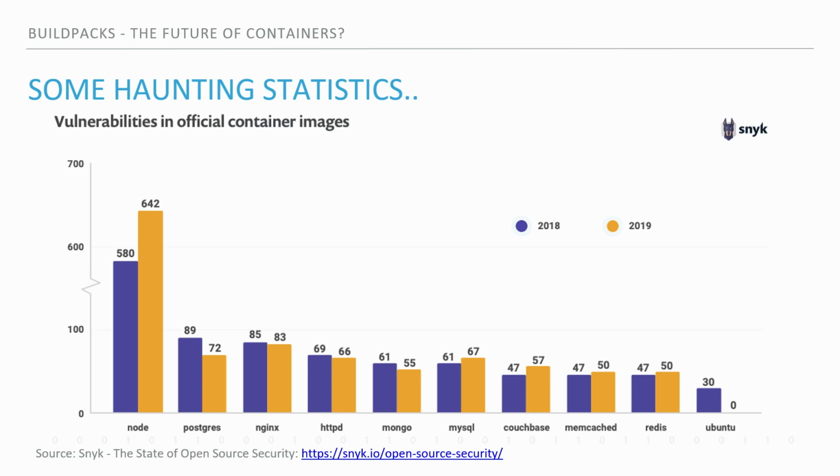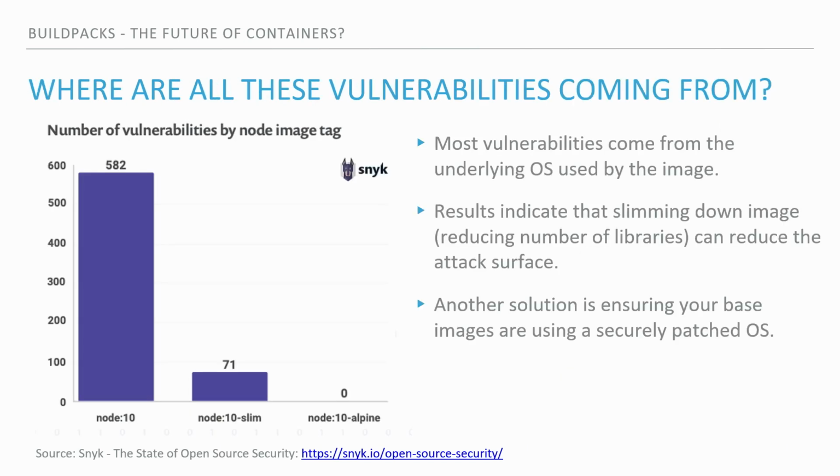Also some haunting statistics, also provided by the State of Open Source Security by Snyk. There's a list of the most popular and official Docker images, and some scary statistics about how many vulnerabilities each of them have. If we look into where these vulnerabilities come from, most of it comes from the underlying libraries that it's pulling in.